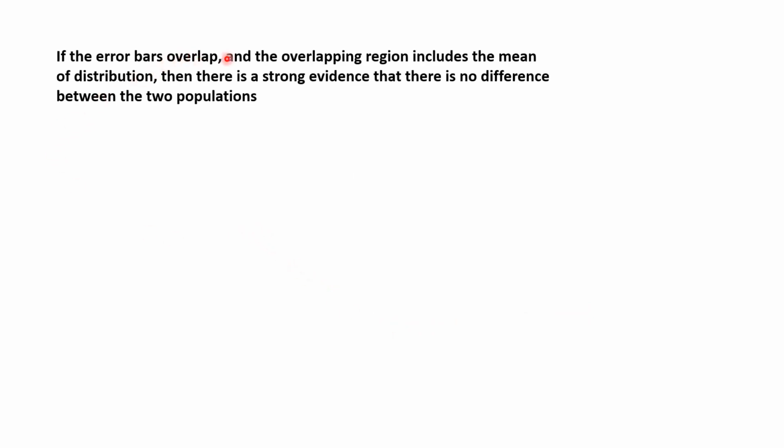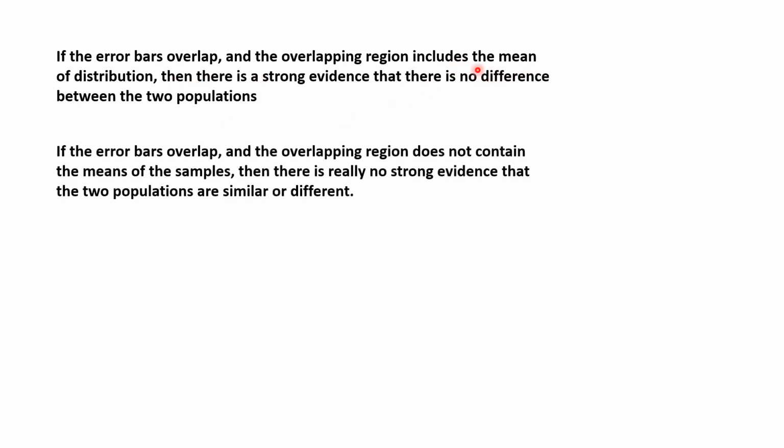If the error bars overlap and the overlapping region includes the mean of distribution, then there is a strong evidence that there is no difference between the two populations. Both are same. If the error bars overlap and the overlapping region does not contain the means, then there is really no strong evidence.